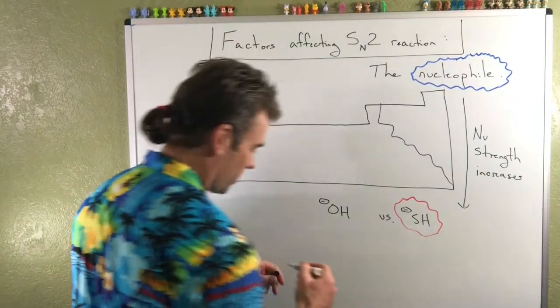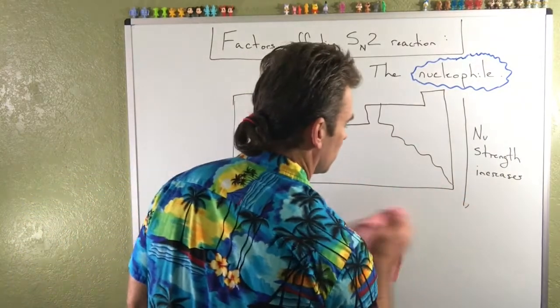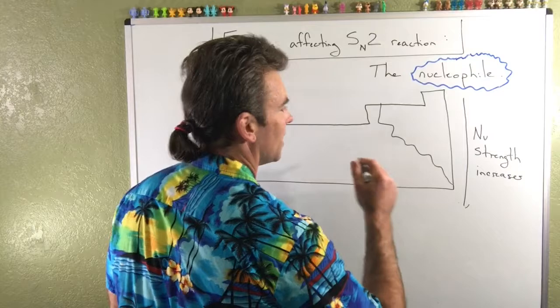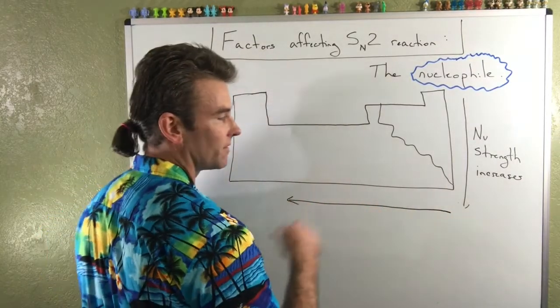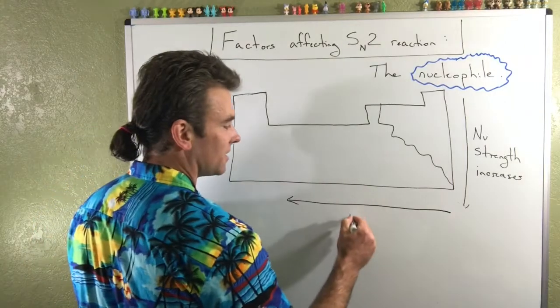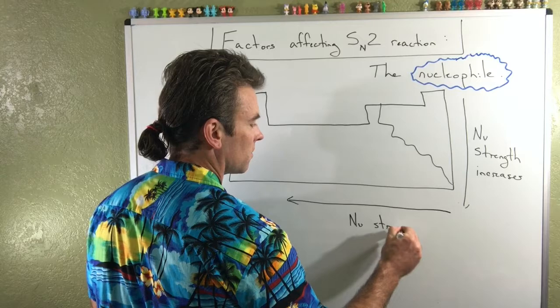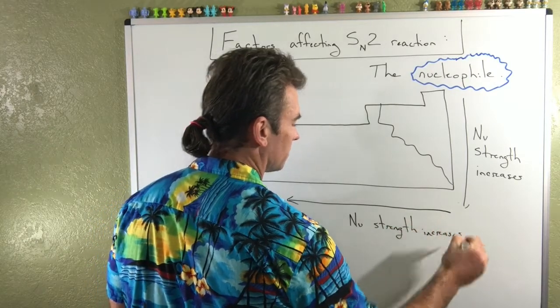The other thing which we could compare, instead of comparing things in the same family, is we could compare some things in the same period, right? And so we'll go this way, right to left across a period. In this direction, the nucleophilic strength increases.